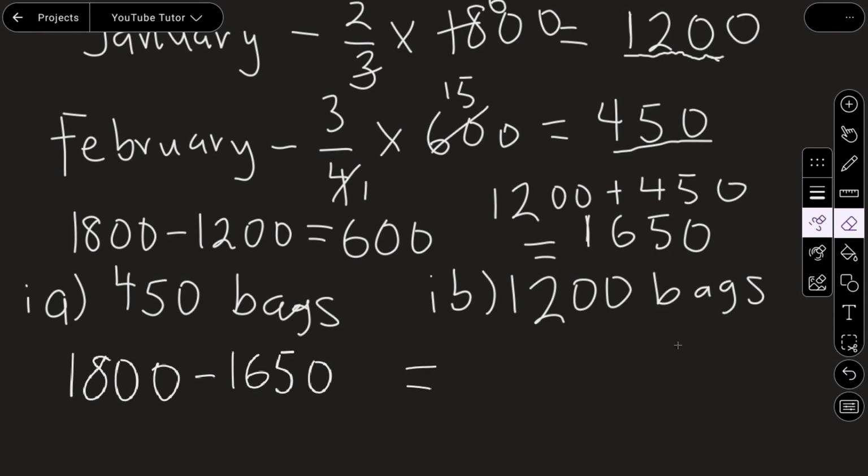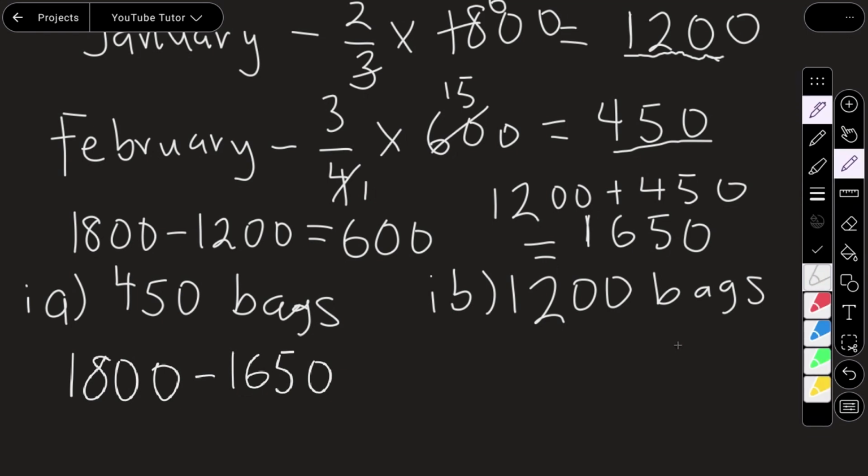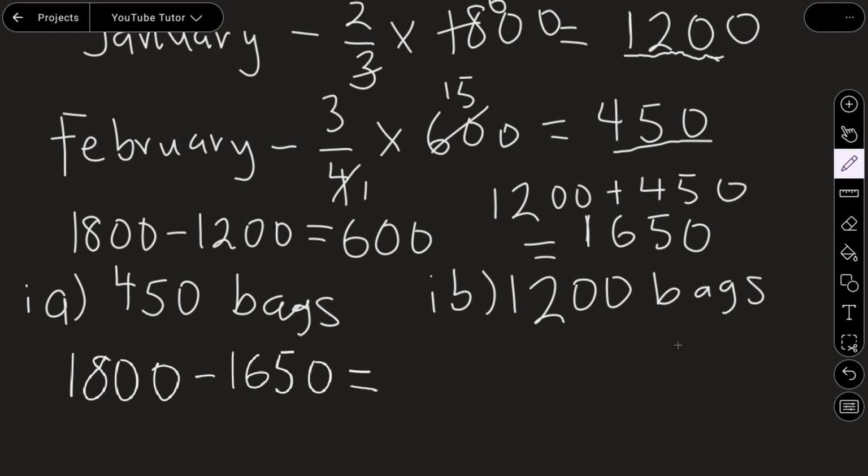Sorry, the 0 here should be 1. So now we have 1800 minus 1650, which gives us 150.